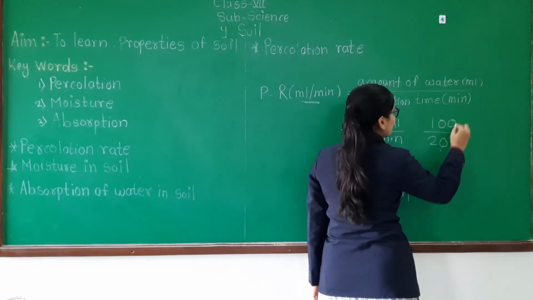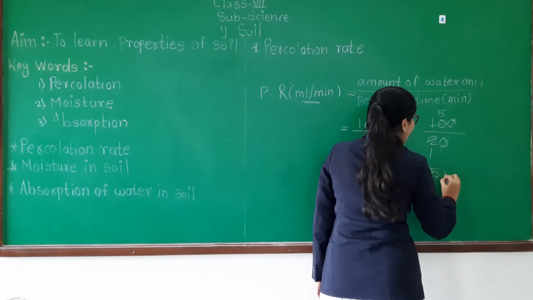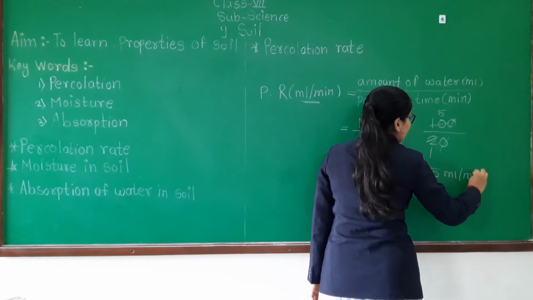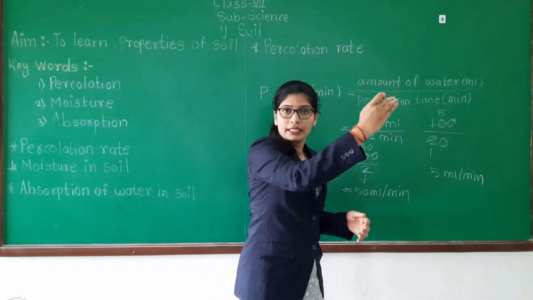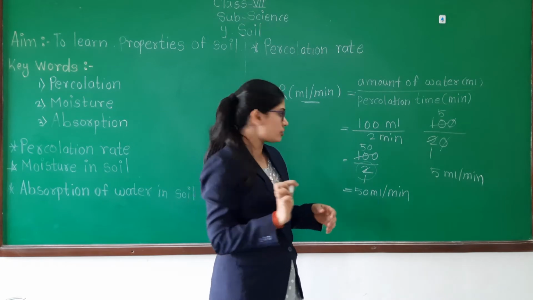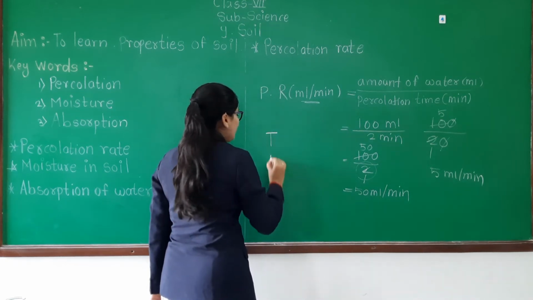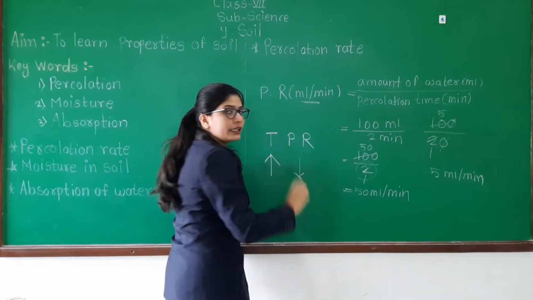Now calculate. That is 5 ml per minute. Which means as the time increases, your percolation rate decreases.